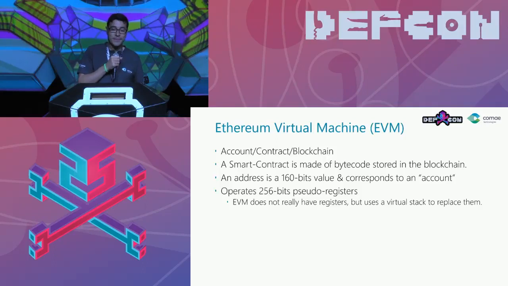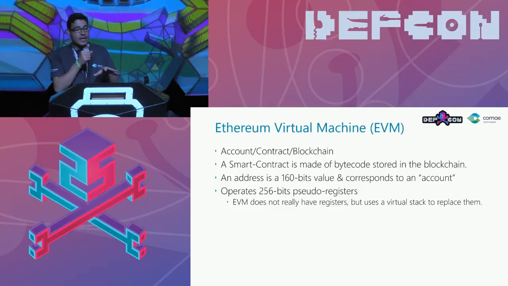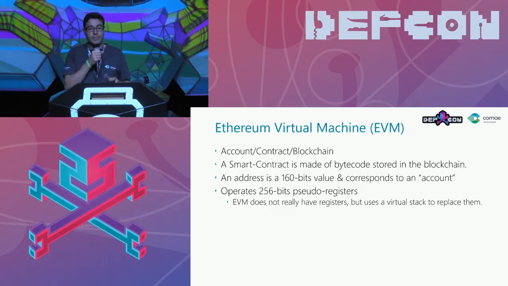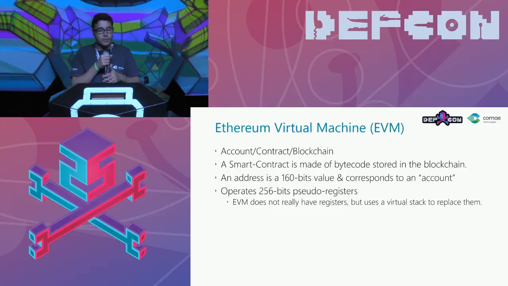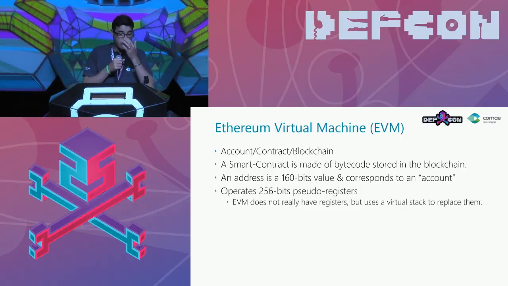So, the EVM, the Ethereum Virtual Machine. You have three concepts, account, contract, and blockchain, which are pretty much interchangeable. Even personally, the difference is quite obscure, but I'm mainly focused on the actual bytecode, which is stored on the blockchain.